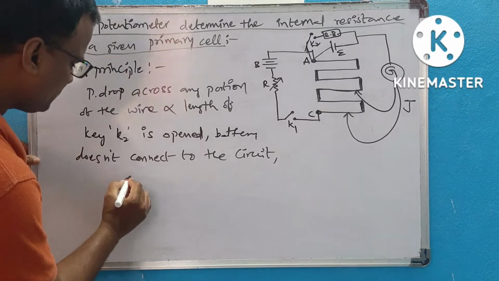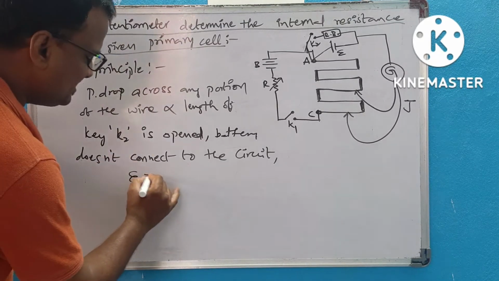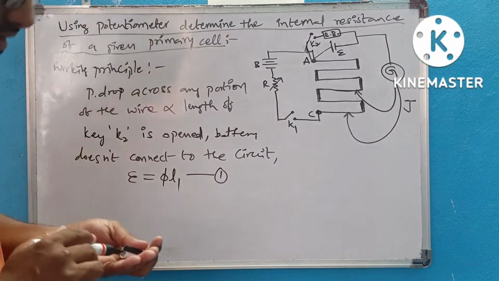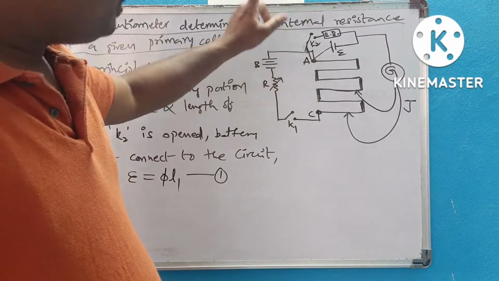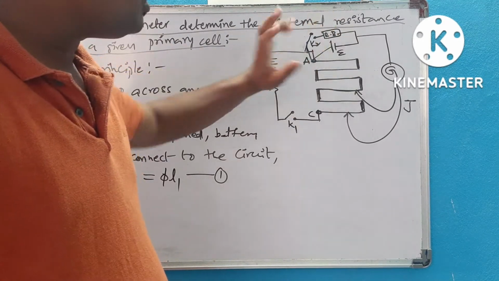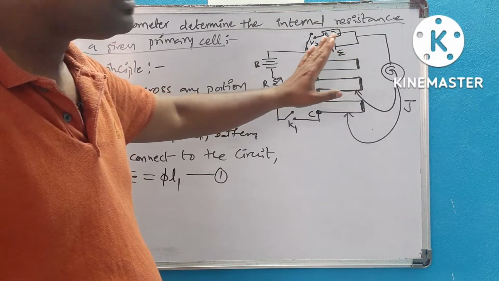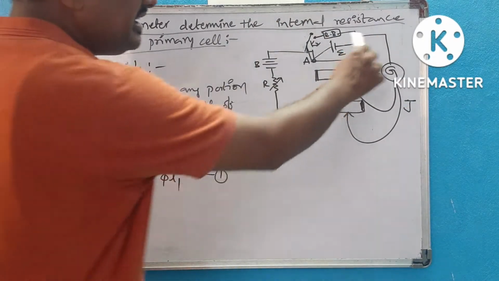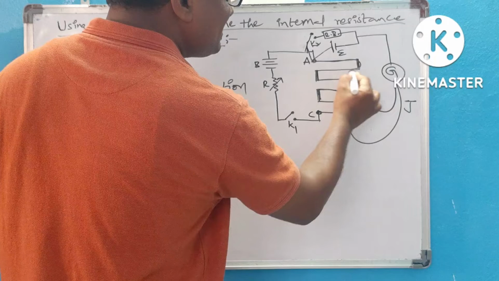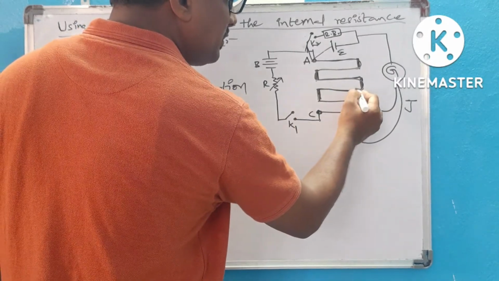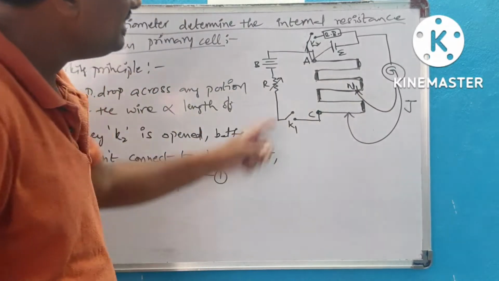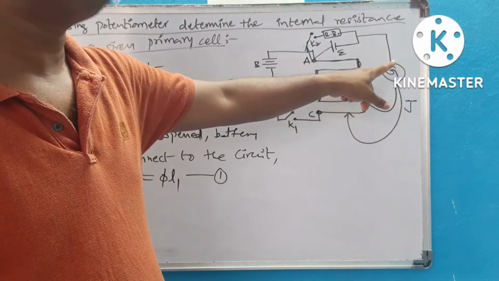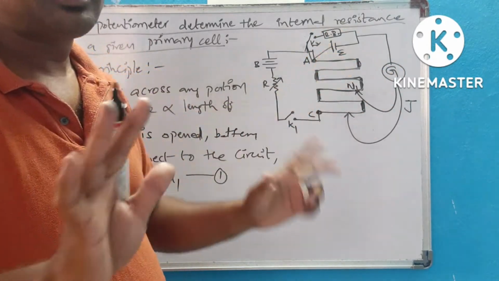So that EMF E is equal to phi L1. Why? Because whenever the key K2 is open, the battery does not provide any current to the circuit, and we can slide the jockey from A to some point N1. At that point N1, the galvanometer shows null deflection, so we say the circuit is balanced.